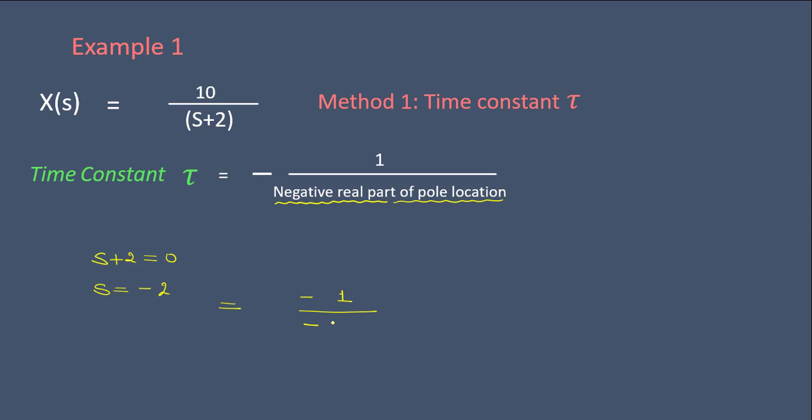The real part is minus 2, so the time constant tau is 1 by 2 seconds for this question. So this is a very simple analysis. Now since the pole is on the left hand side of the s plane, it is a stable system, and for a stable system we can find the time constant tau.